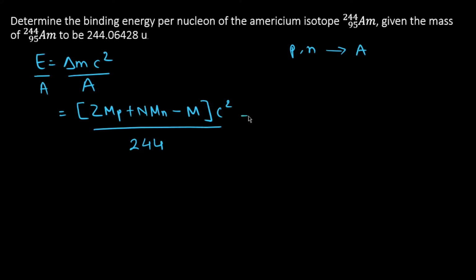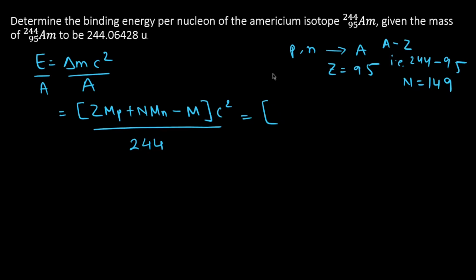Now substituting the value, we know that this is the atomic number. So the number of protons is nothing but our atomic number. So Z will be 95. But the number of neutrons is A minus Z. That is 244 minus 95, which we get as N equals 149.